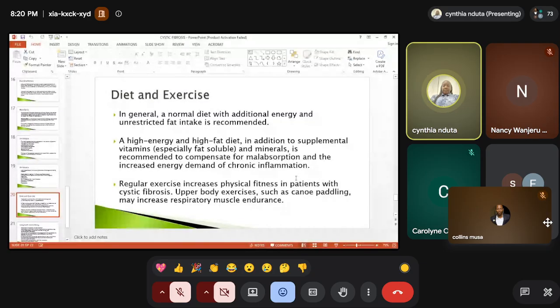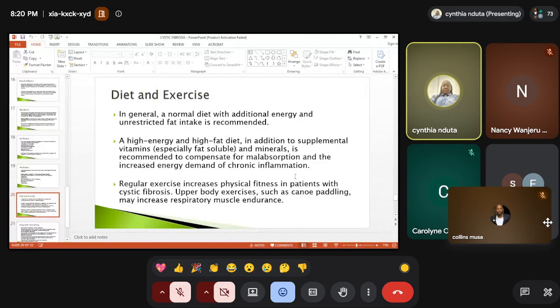Because we probably have some malabsorption, digestion was maybe compromised, and therefore we need to cater for this so that you don't have a situation where someone is taking food but you don't have enzymes to digest.